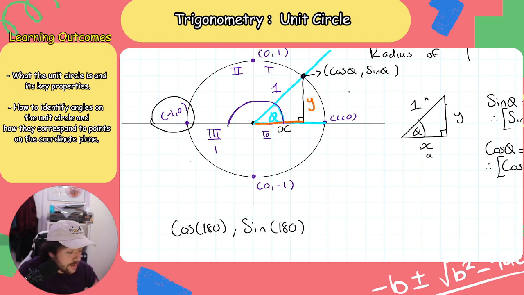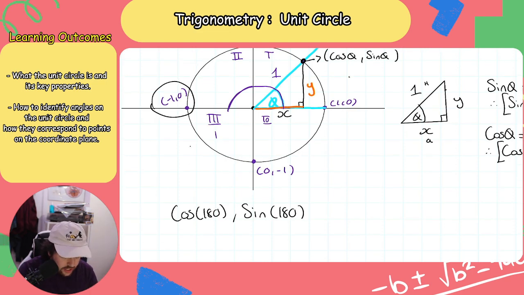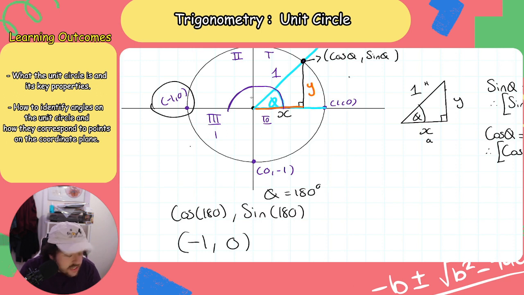If you put them into your calculator, cos 180 is equal to minus 1 and sine 180 is equal to 0. So my xy coordinates, when my degree is equal to 180 degrees, is minus 1, 0, which I've just proven right.